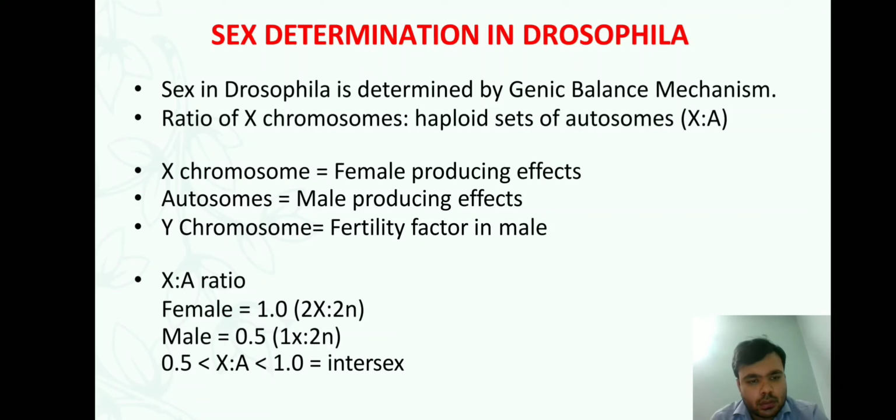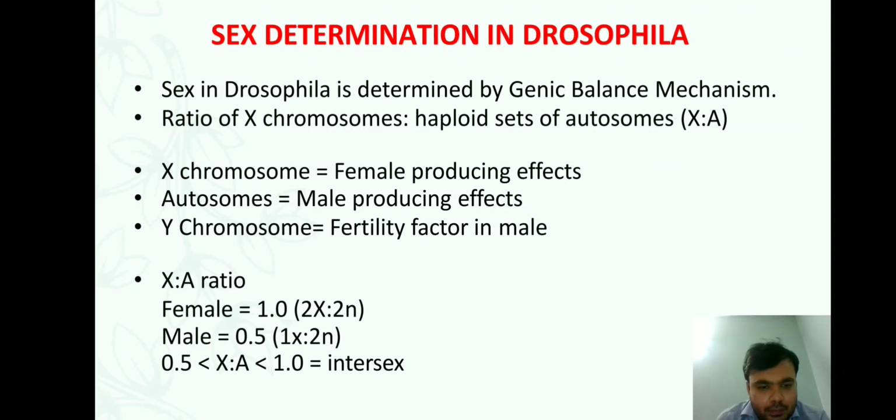So first, it will be good to see this. When I say X ratio A, that's the proportion I'm talking about. It is female when there are 2X and 2 sets of autosomes, when there is a balance between the X chromosomes and the autosomes. So this X is for the X chromosome and this N is for the autosomal chromosomes. So the ratio will be 1.